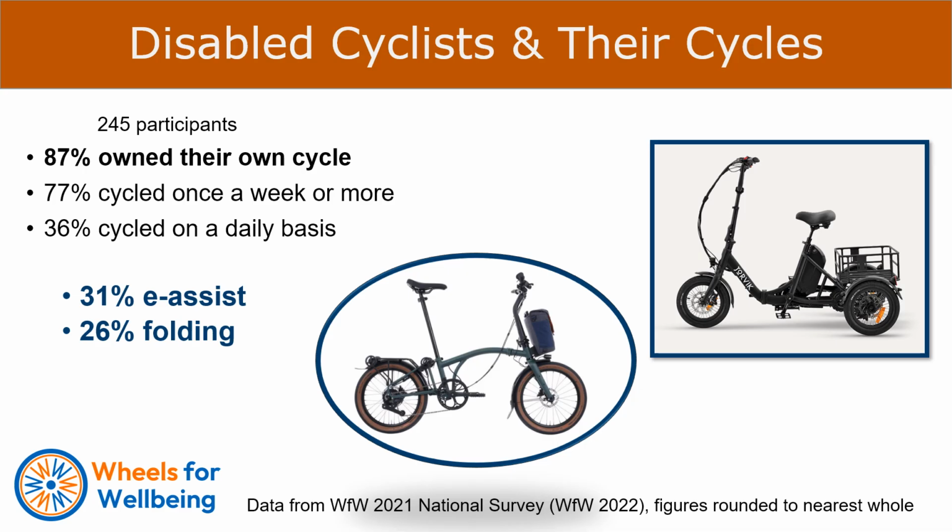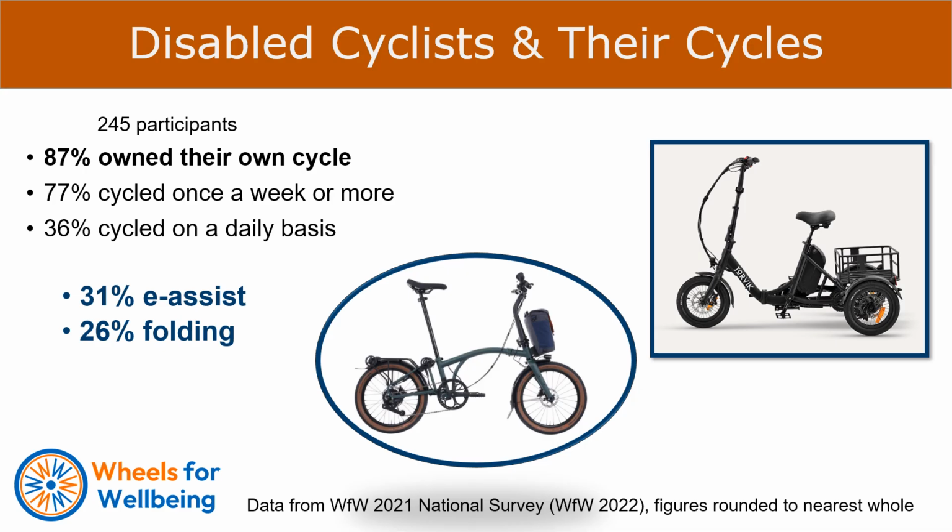It's particularly important for disabled people with particular impairment types that might affect their cardiovascular or musculoskeletal strength. And it's also really important for some cycle types like hand cycles, because obviously the arms are not as strong for carrying the full body weight as legs are. So e-assist enables disabled people to make those essential journeys.